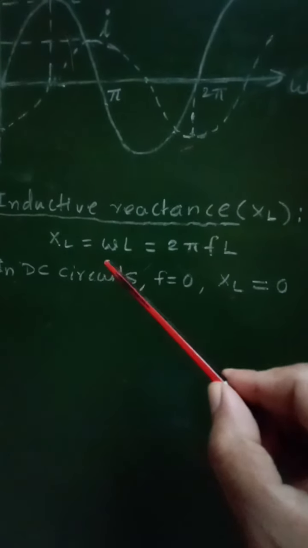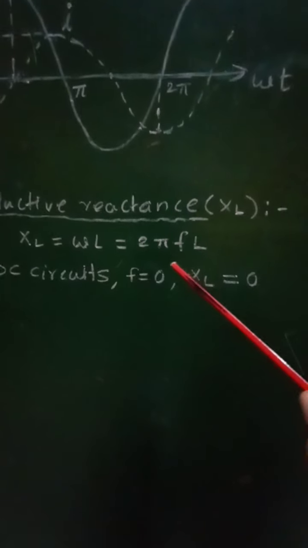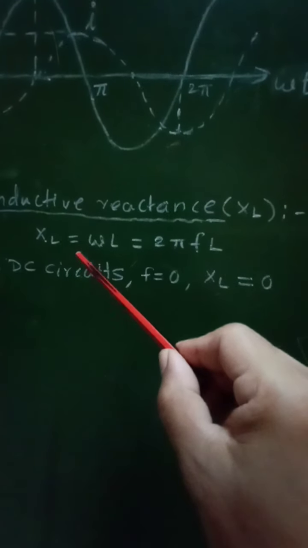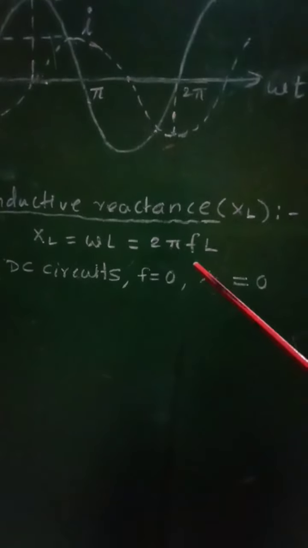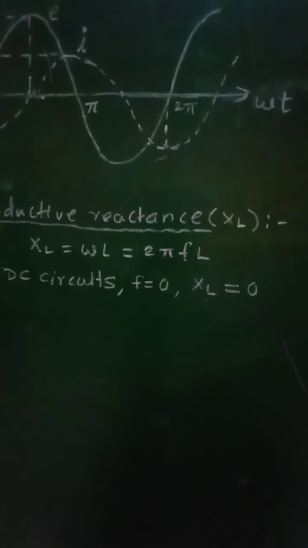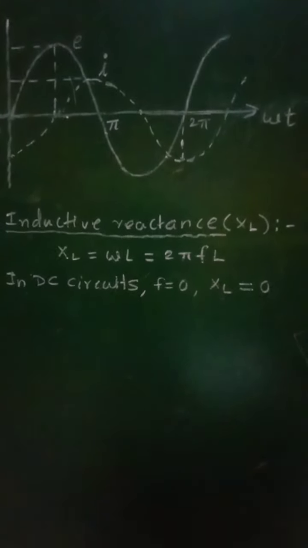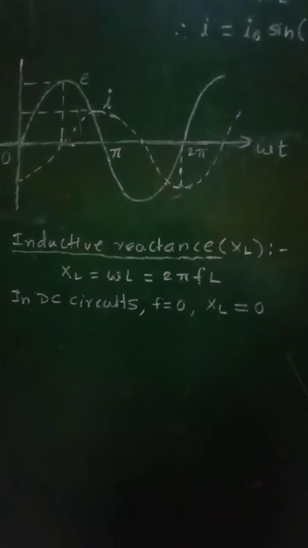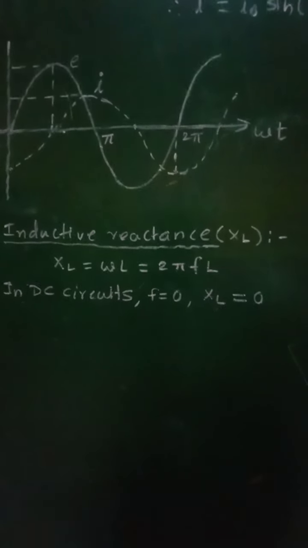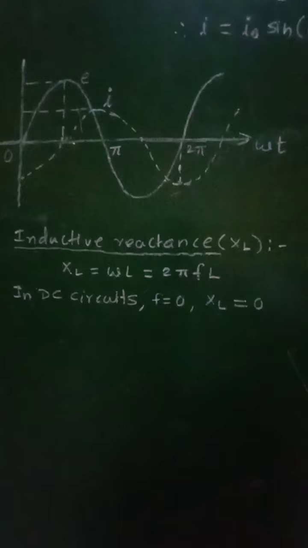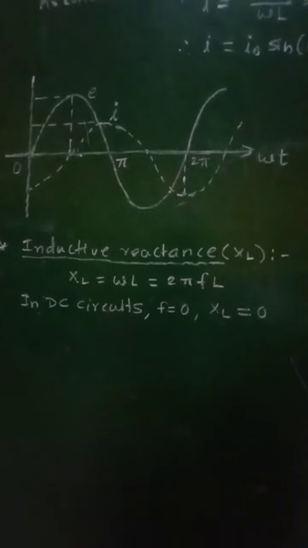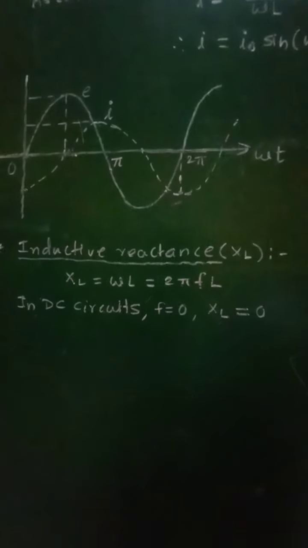From this relation it is clear that the inductive reactance XL is directly proportional to the frequency of the AC source F. Similarly, the inductive reactance XL is directly proportional to the inductance of the inductor L. Then the unit and the dimensions of XL are the same as those of resistance.